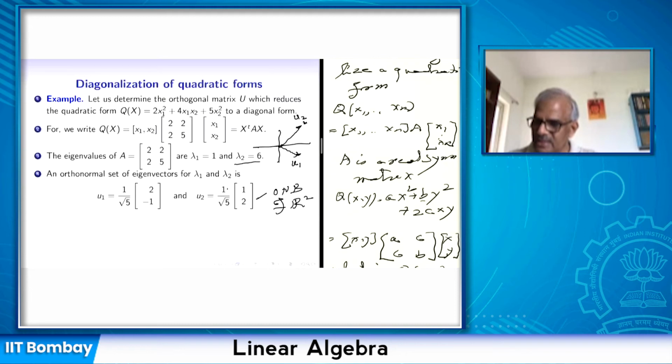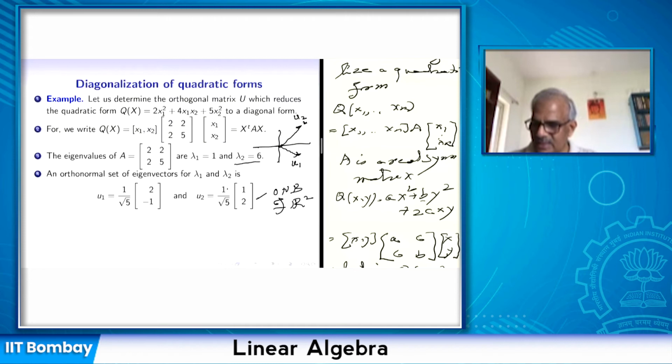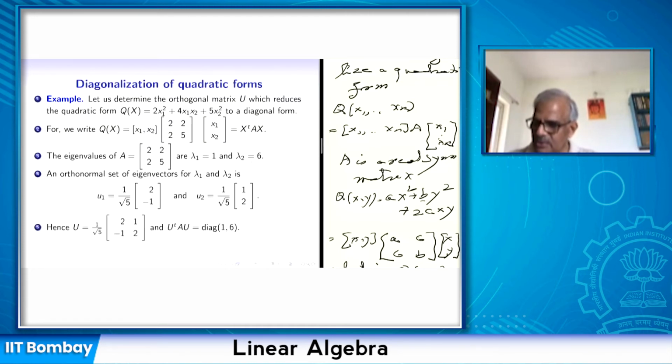In this new coordinate system, the equation of the quadratic form can be gotten by using the diagonal form. So U is this matrix. The column vectors are eigenvectors, and U transpose AU is a diagonal matrix.